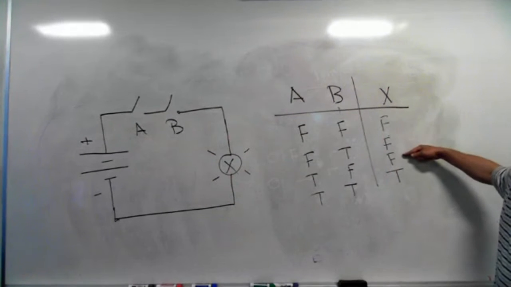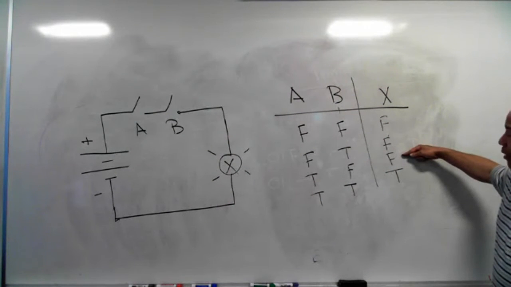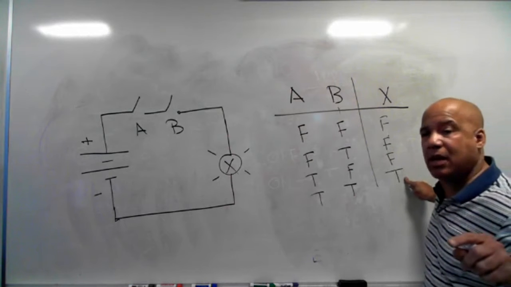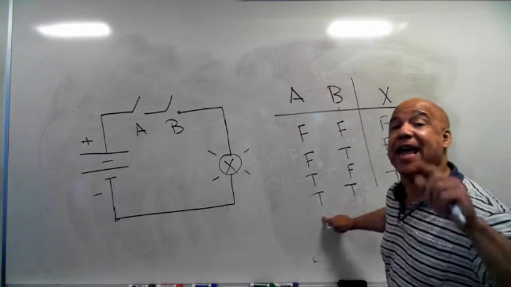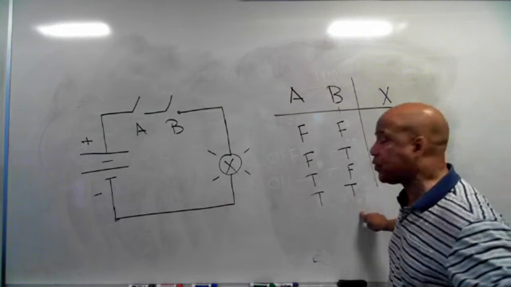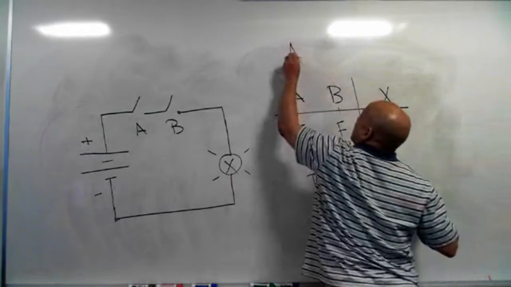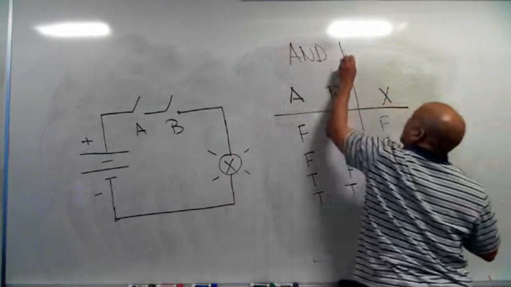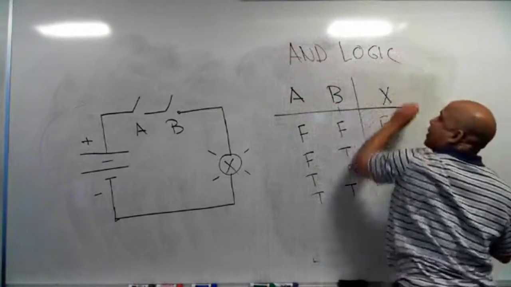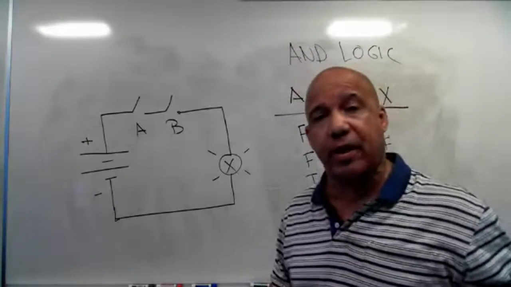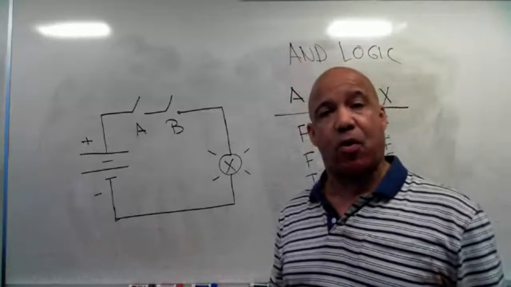So for all these possible combinations, I don't get an output. Only for the condition where both switch A and switch B are closed do I get an output. So this is called AND logic. What we've done here, guys, is use an electrical circuit to make a basic decision for us.